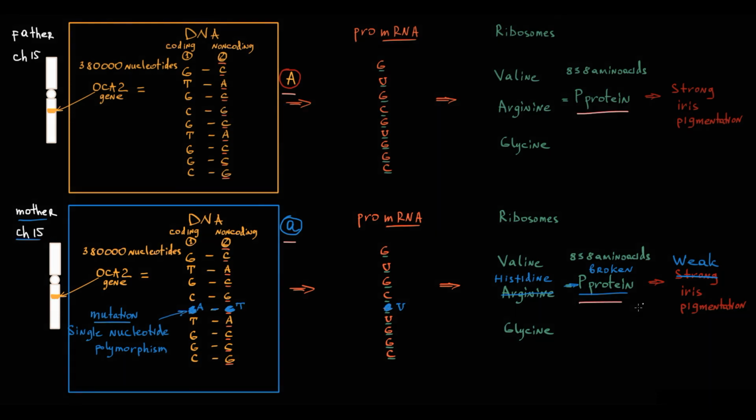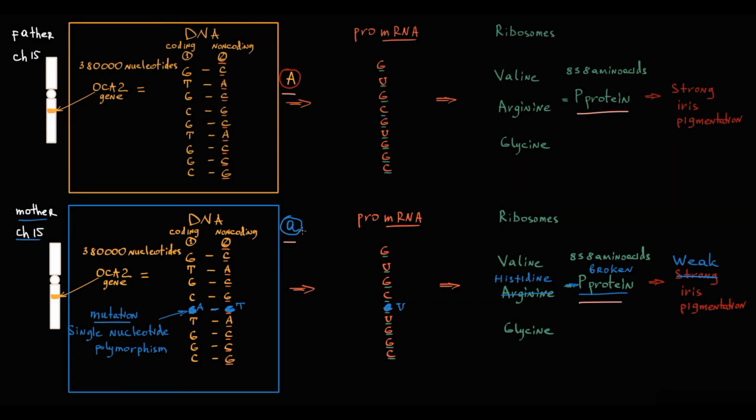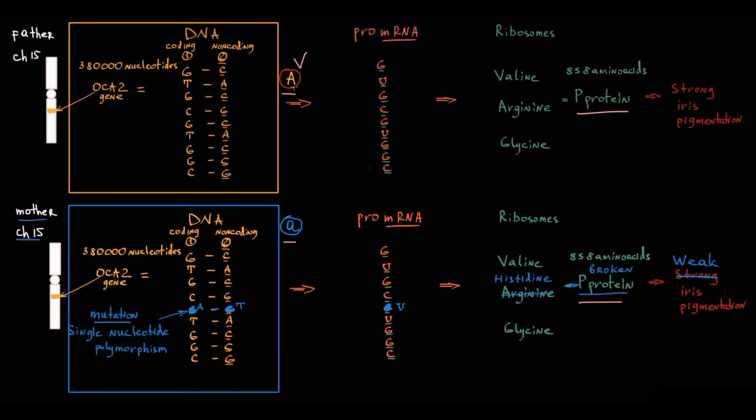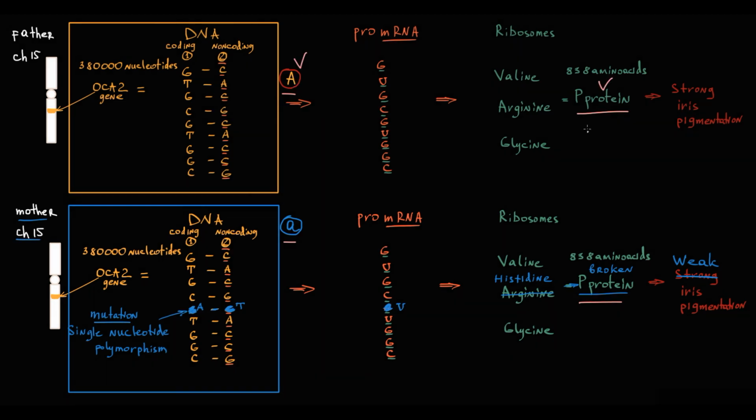Interestingly, even now we don't completely understand the exact mechanism of how organisms choose which allele will be expressed. But the logic is that in most cases, because mutant alleles encode broken proteins, organisms choose to use the initial version of this gene that provides strong iris pigmentation and manifests as brown eyes.